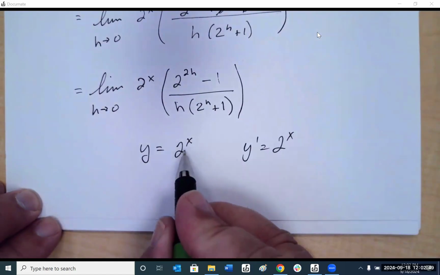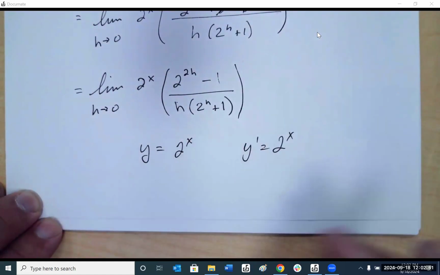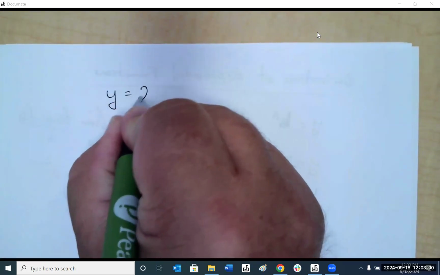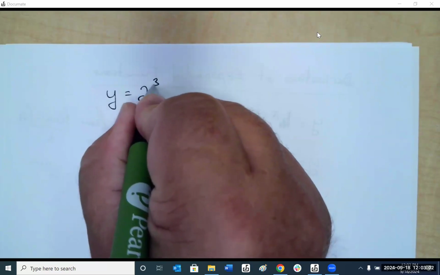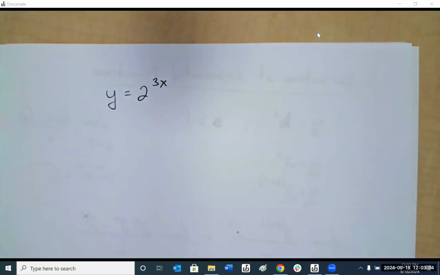But that's if it's just an x. What if we had a coefficient in front of our exponent?